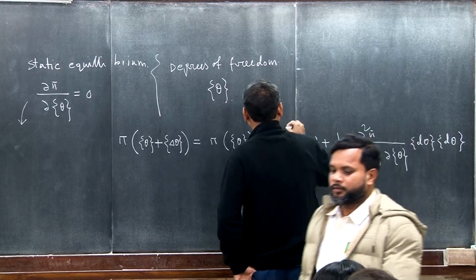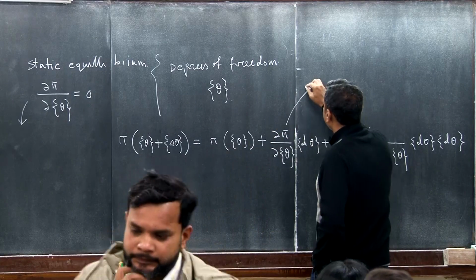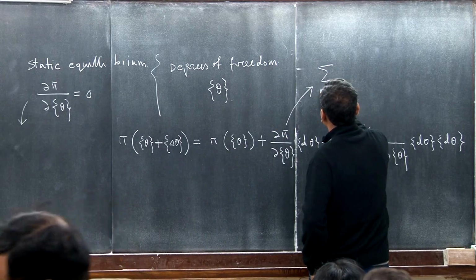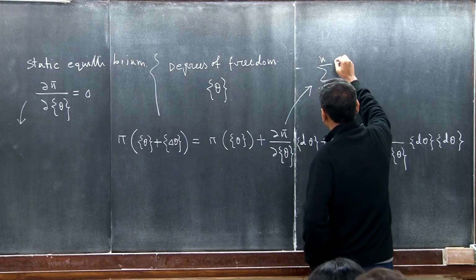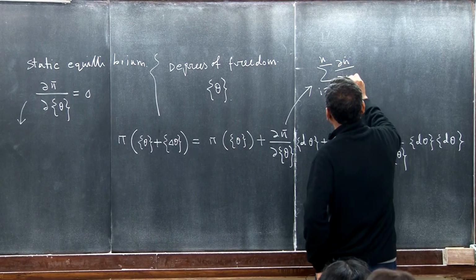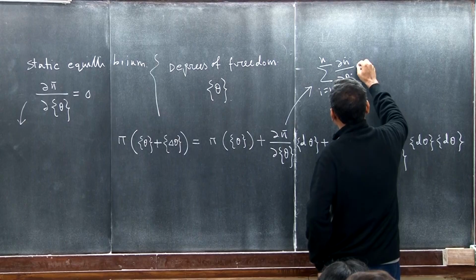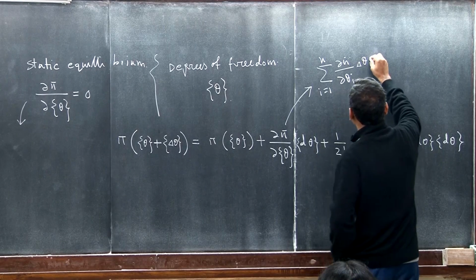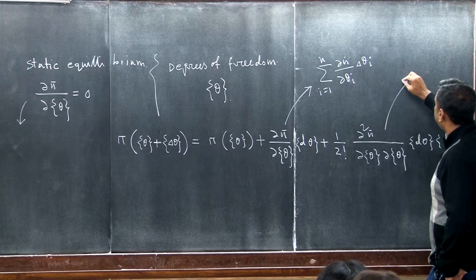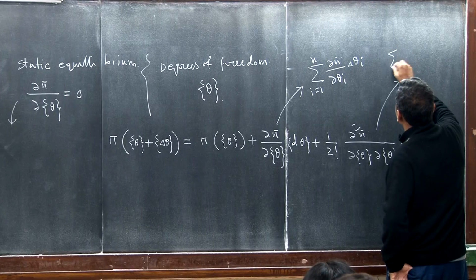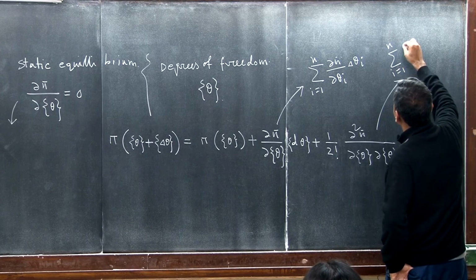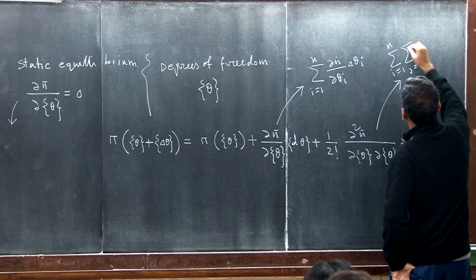Here, this can also be expressed as a summation over i equal to 1 to the number of degrees of freedom of del pi del theta i delta theta i, and this one you can also write with two summations over i and j.